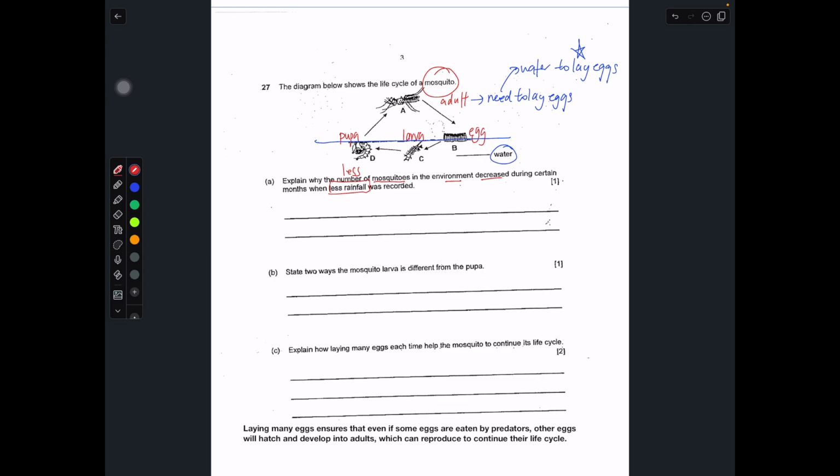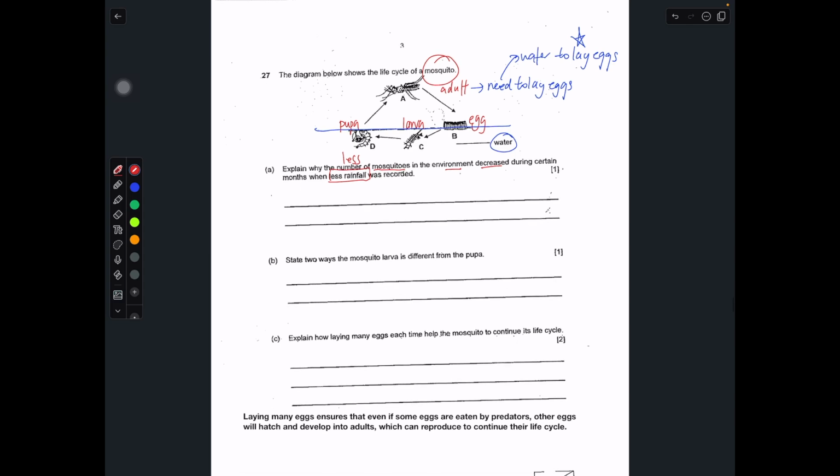So this could be a thought process. You can say less rainfall will result in fewer places for adults to lay eggs.